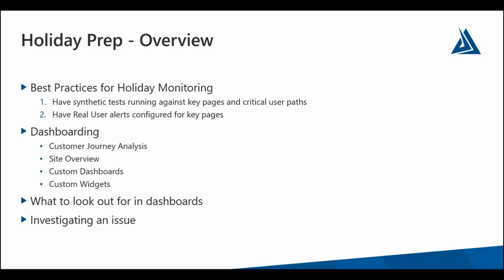It shows the paths and journey your customers are taking, and it shows performance, and it allows you to identify bottlenecks in the customer journey. So we'll show you that one. There's another one called the site overview. That's a pretty standard real user monitoring dashboard that is great for just general performance and revenue monitoring.